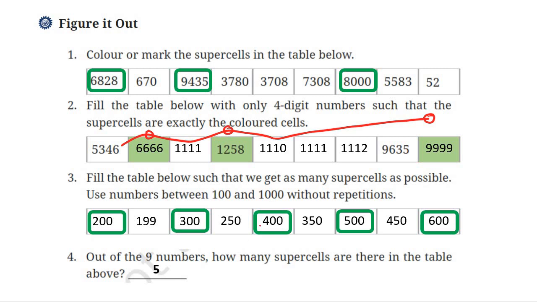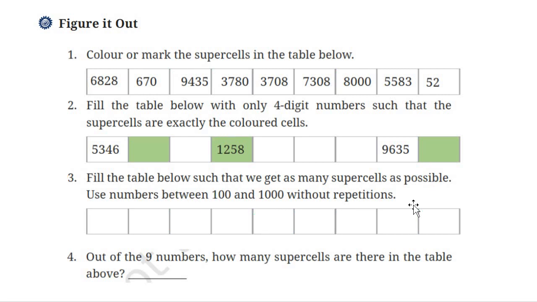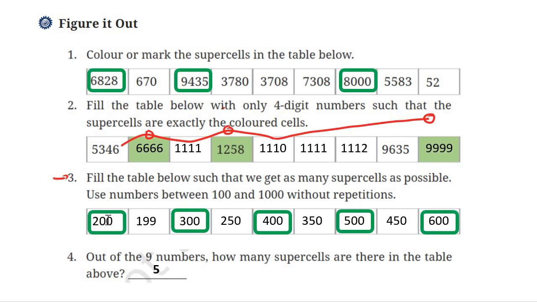Next is fill the table below. Question number 3, this one, such that we get as many supercells as possible. So this was the actual question: as many as possible. Use the numbers between 100 and 1000 without repetition. See the arrangement.